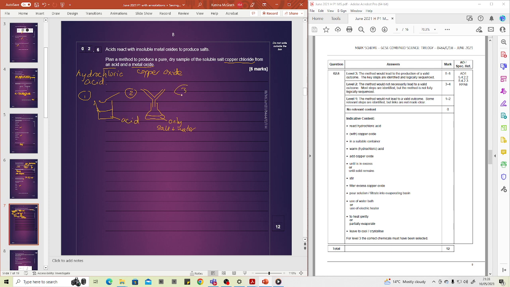Step 3, we're going to evaporate, and we're going to use a water bath to do careful evaporation until you've got only the saturated solution, no further than that for safety reasons. That's your salt plus water.